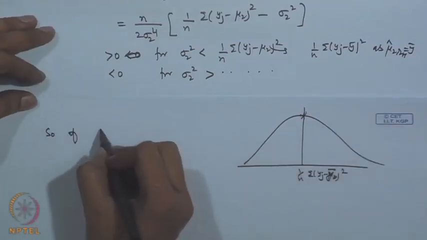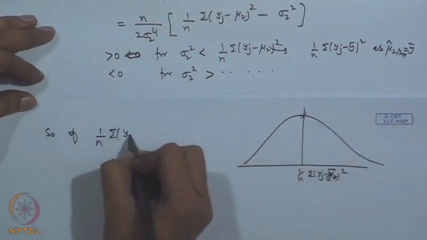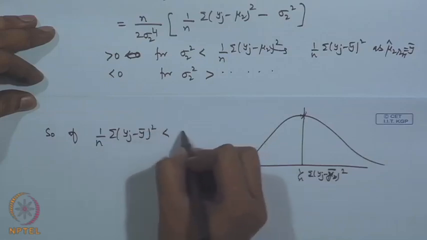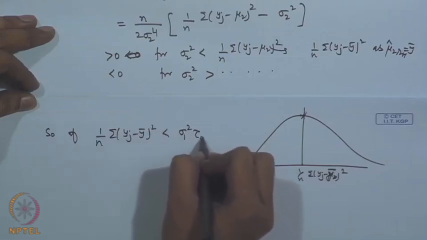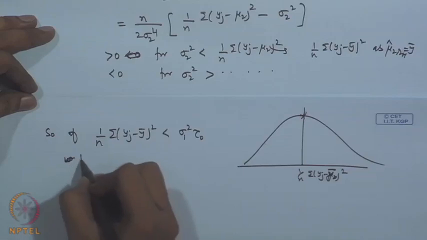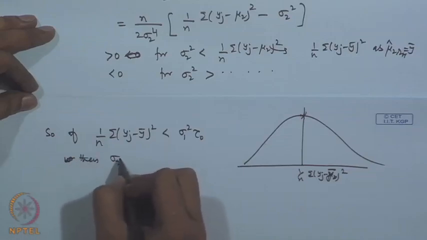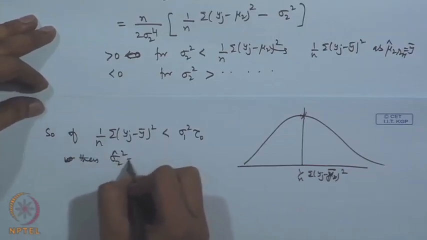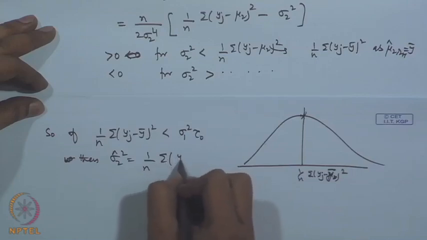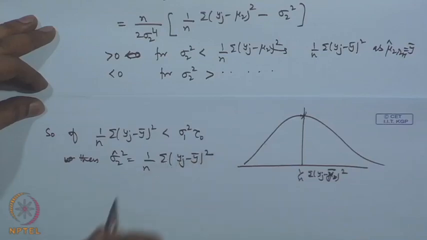If 1 by n sigma y j minus y bar square is less than sigma 1 square tau naught, then sigma 2 head square is equal to 1 by n sigma y j minus y bar square.